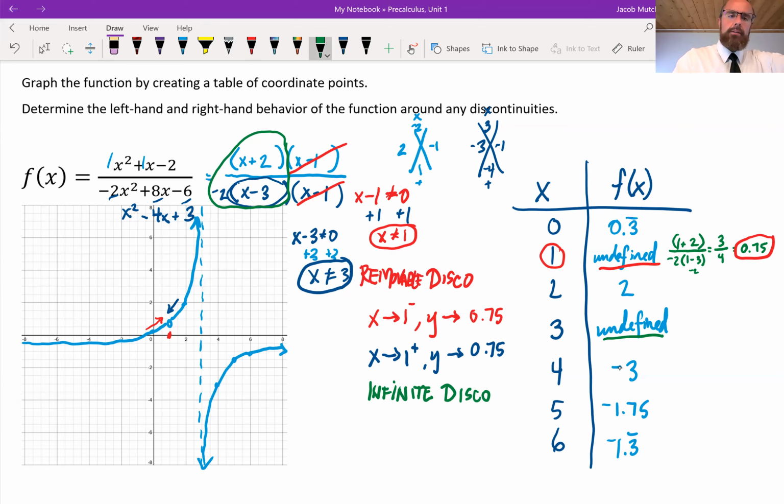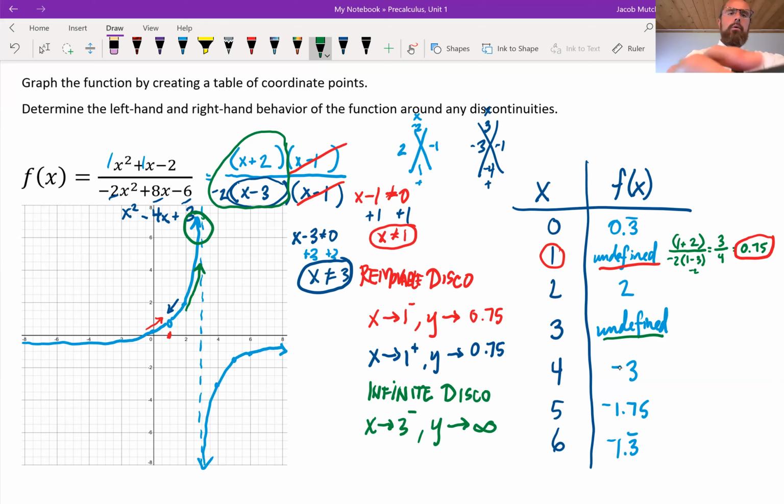So let's talk about this discontinuity at positive 3. So now I'm considering what happens to the y value as we approach 3 from the left. As x approaches 3 from the left-hand side, y approaches. So I'm going to look at the top of this left-hand graph. Where's it headed? Where is y going? Excellent. It's going to infinity. It's headed into the heavens.